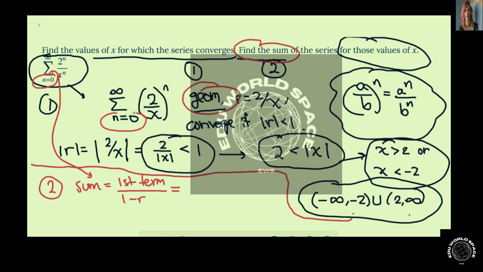If you plug in n equals 0, you get 2 over x to the 0 power, which is 1. And then we have 1 minus r, which is 2 over x. And then you could simplify this to be x over x minus 2. So that will be the sum of the series, and that's our final answer.